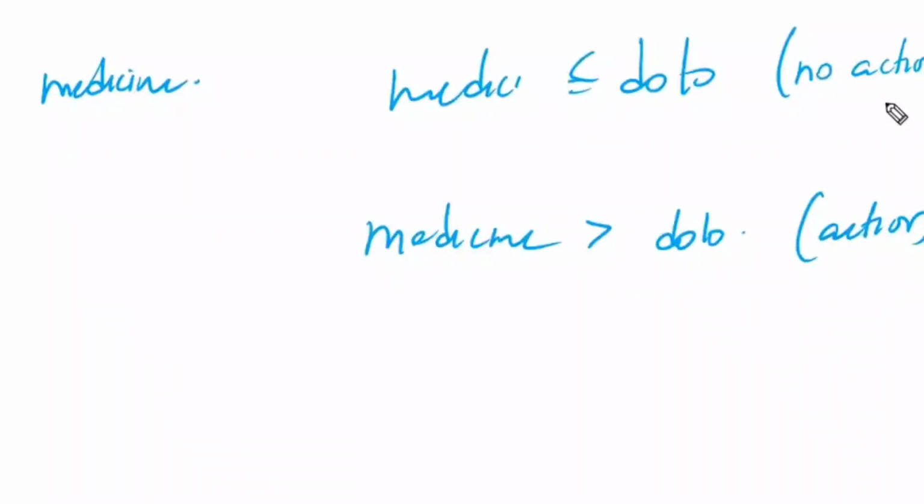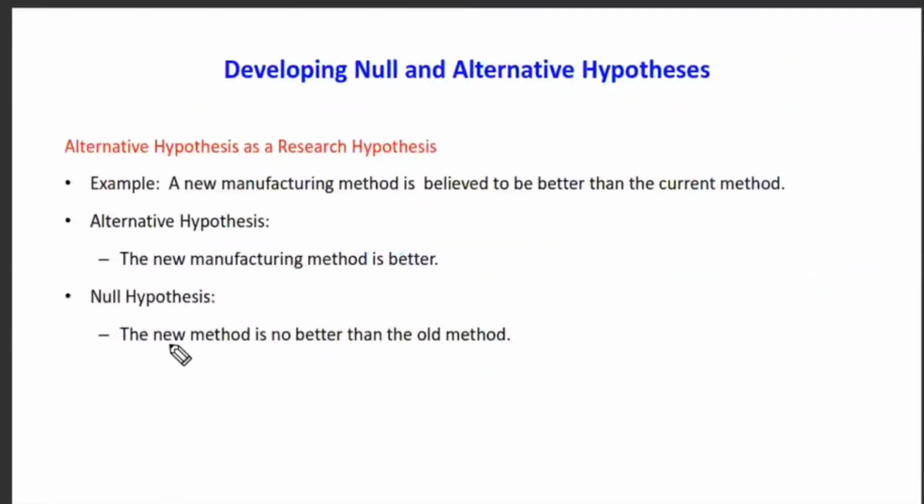Every pharmaceutical manufacturing company, whatever medicine they have invented, they will check with respect to the present one. The new medicine is not better than the old medicine. Method means nothing but medicine.